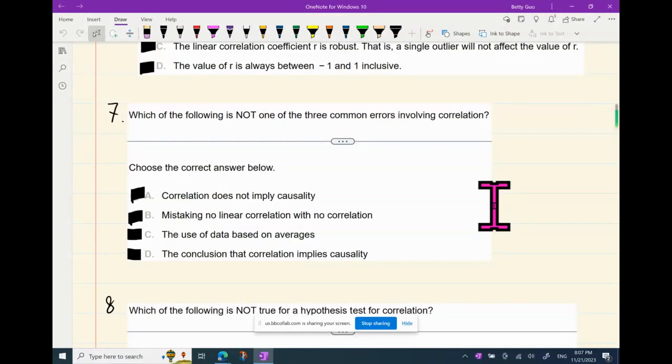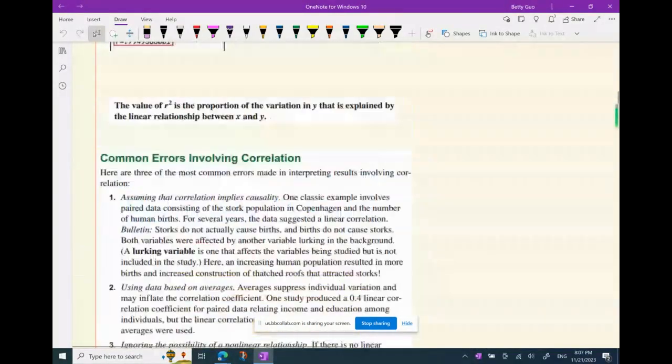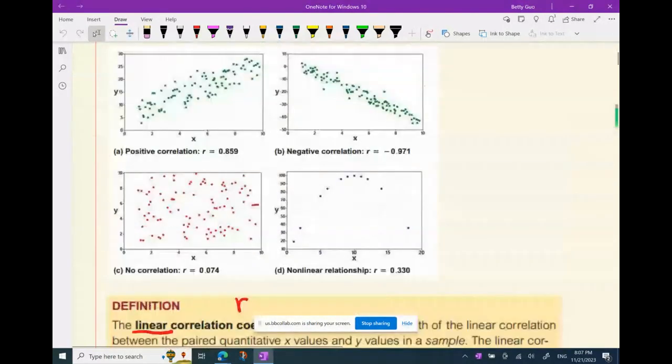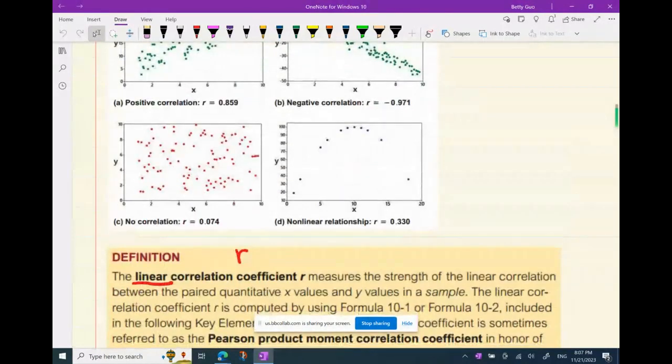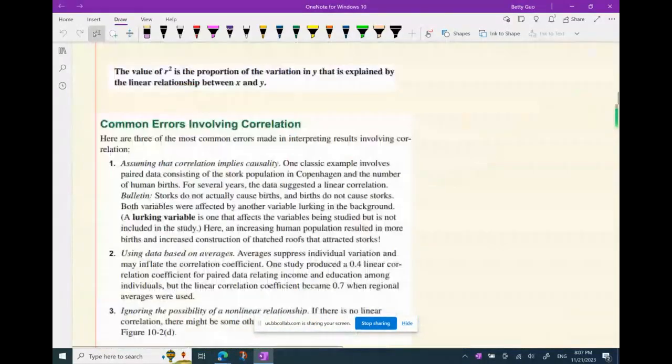And B, mistaking no linear correlation for no correlation. No linear correlation doesn't mean it doesn't have other types of correlation, right? As you can see earlier, when we looked at the 4 scatter plots, the one on the bottom right is a quadratic correlation. Correlation could have a different pattern. It's not linear, but it is correlation.